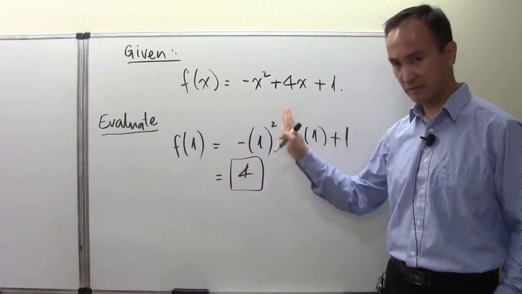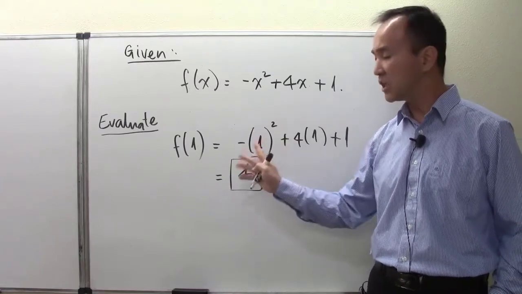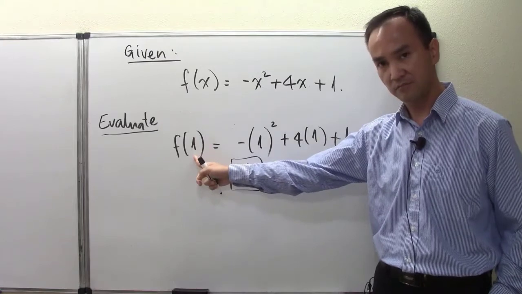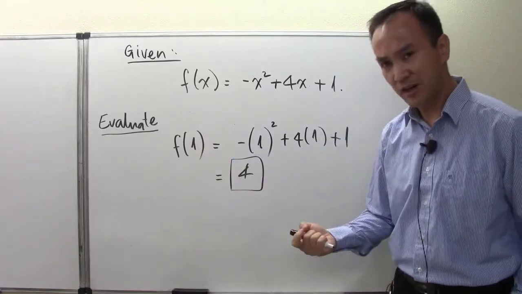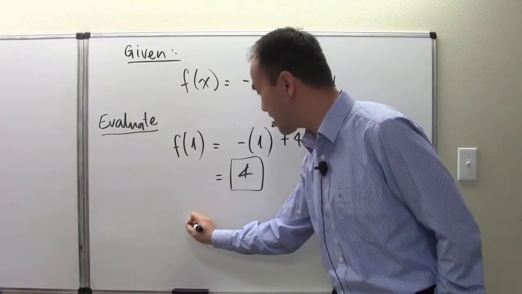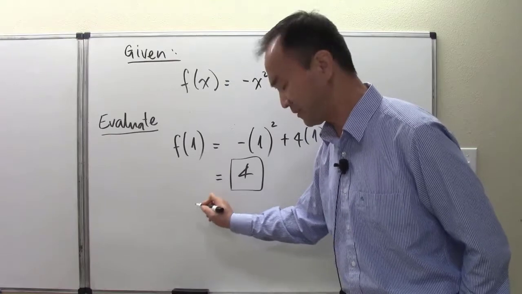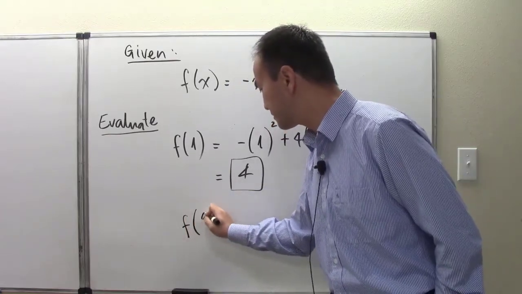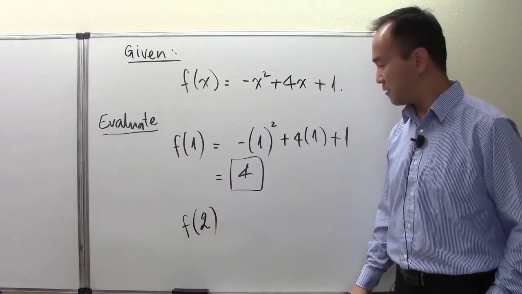Again, anyone viewing this video lesson should be fluent with how we evaluate an output based on a given input. Now let's try again. I ask my students to do another evaluation problem. I'm going to suggest f of 2.